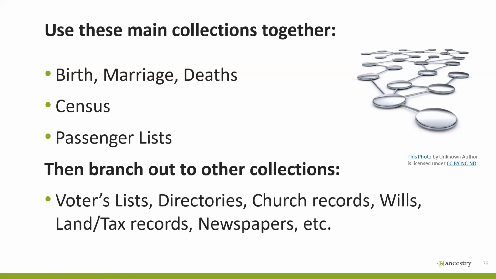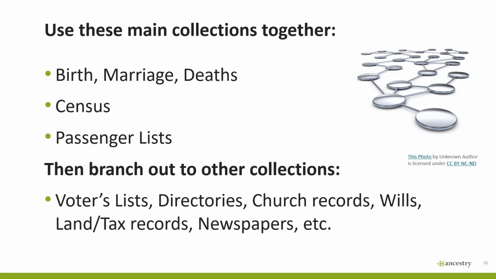Census records will show you family units and people who are being born and the comings and goings, which will lead you on some census records to passenger lists. When did they come to Canada? Let's see if we can find them if they came after 1865 in those passenger lists.